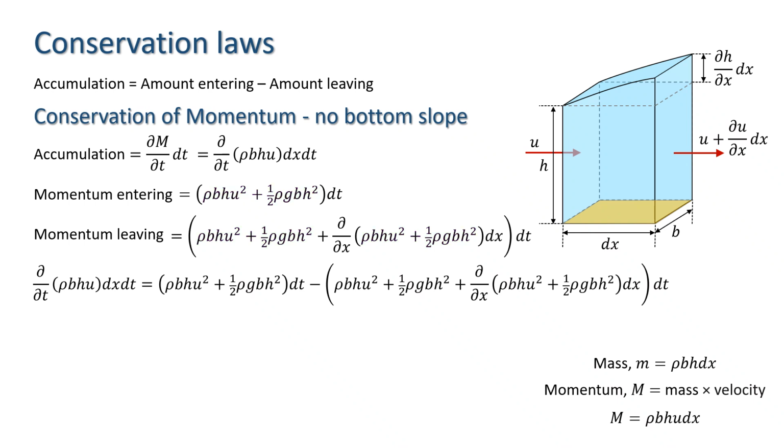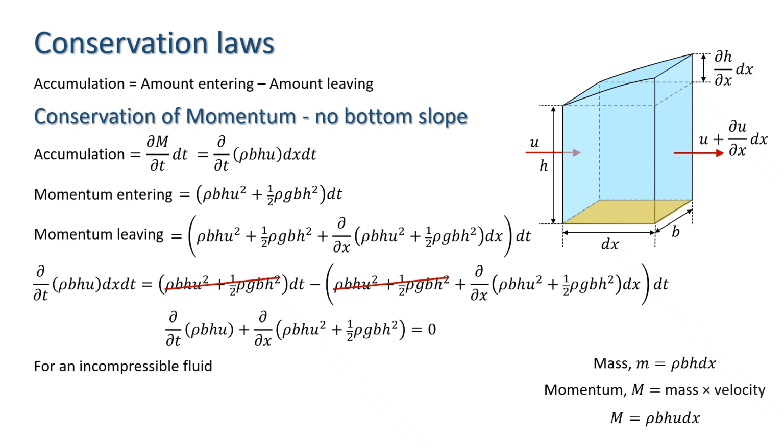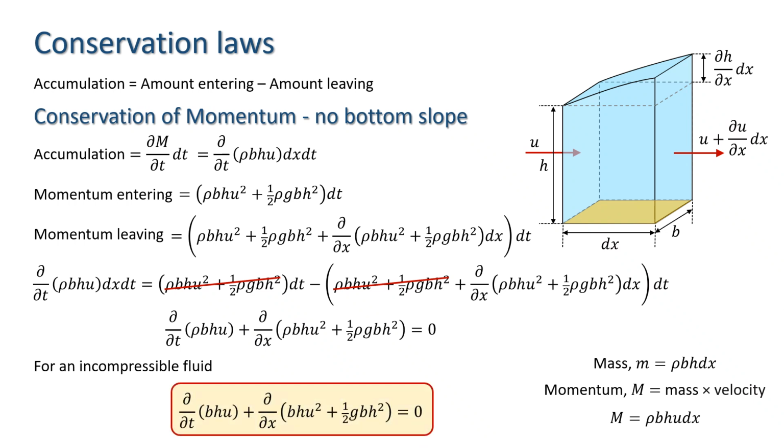As with the mass equation, the entering terms cancel out, and dividing throughout by dx dt, we have d/dt of rho bhu plus d/dx of rho bhu squared plus a half rho g bh squared equals 0. For an incompressible fluid such as water, rho is constant, and thus we have d/dt of bhu plus d/dx of bhu squared plus a half gbh squared equals 0.